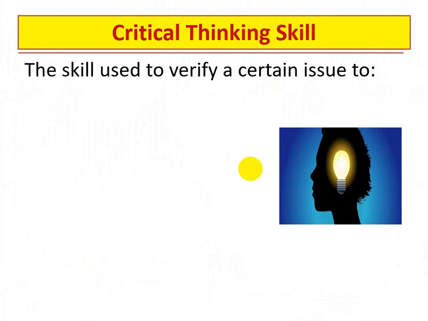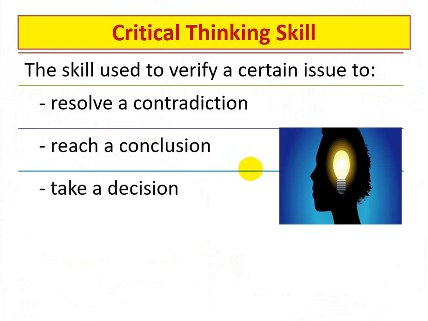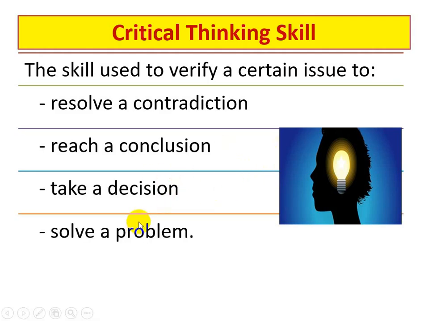We dealt with the critical thinking skills before, and we defined critical thinking skills as the skill which is used to verify a certain issue, to resolve a contradiction, to reach a conclusion, to take a decision, or even to solve a problem.